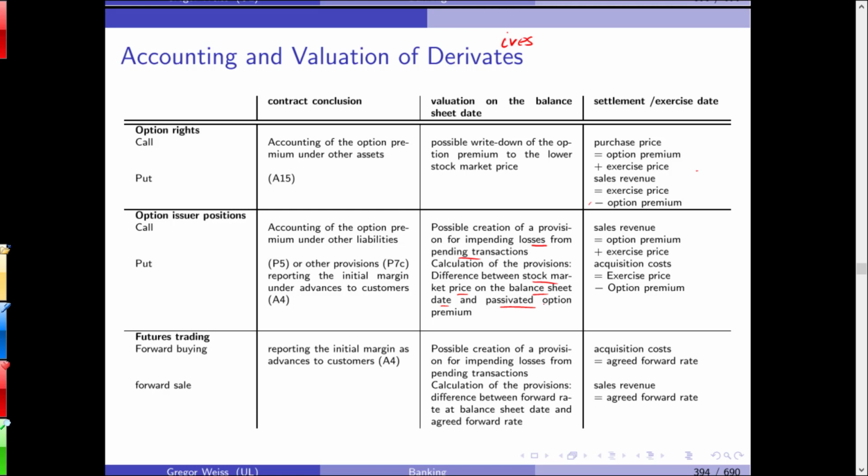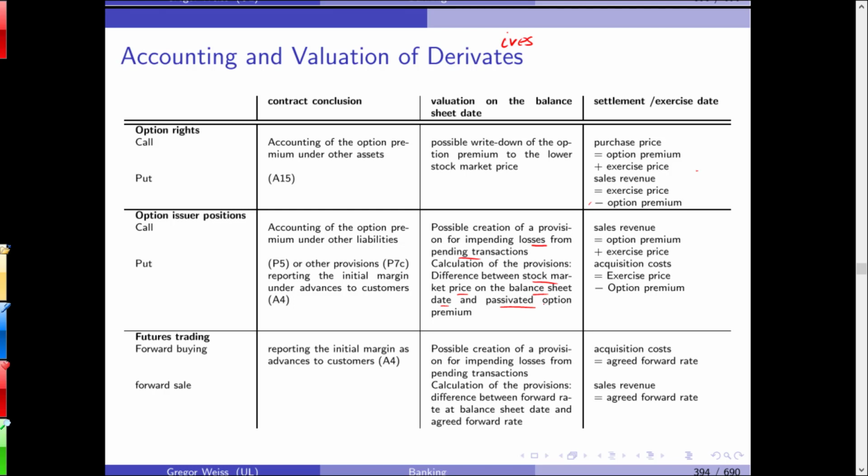Not very surprising. German commercial code is quite conservative and is very keen on usually taking the lowest price possible for an asset. And here it's not a big surprise that you have to mark to market the option positions just to be on the safe side.